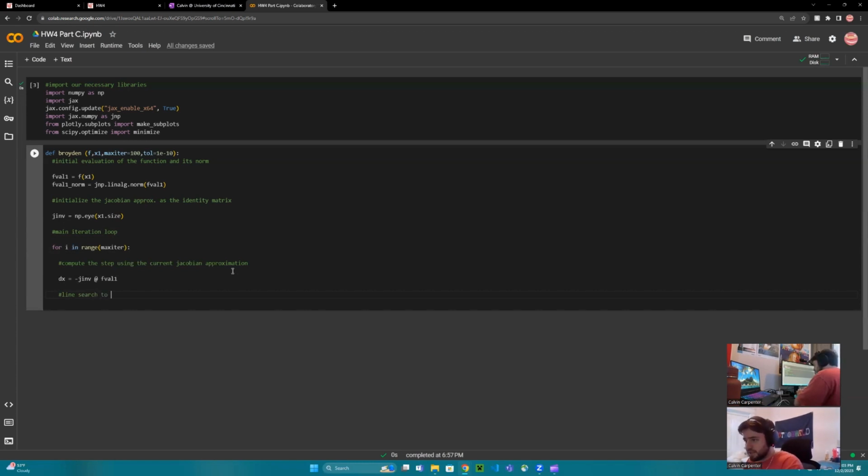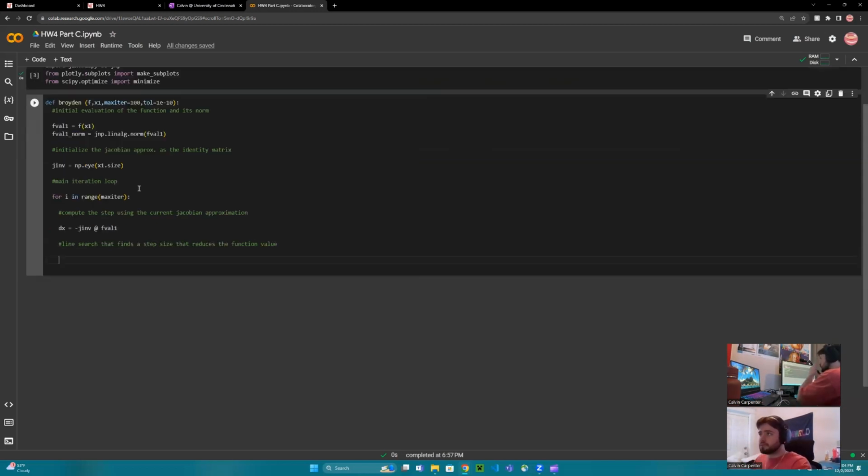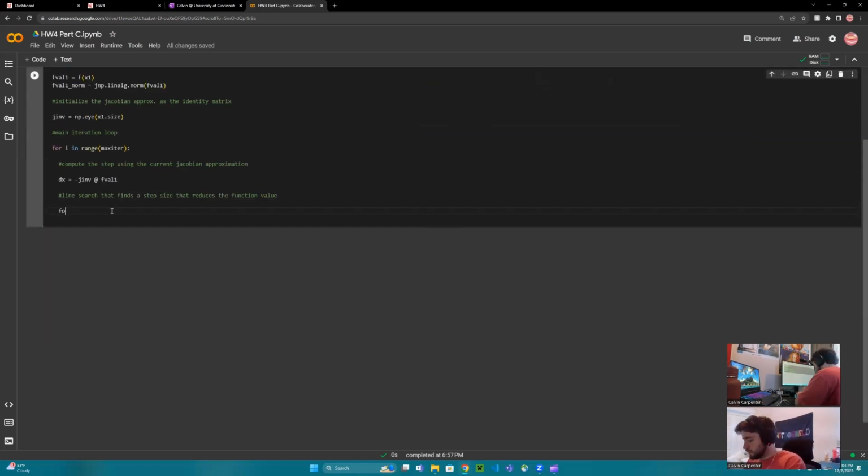So we're going to do a line search next that finds the step size that reduces the function value. So we're going to have a for loop inside of the for loop.